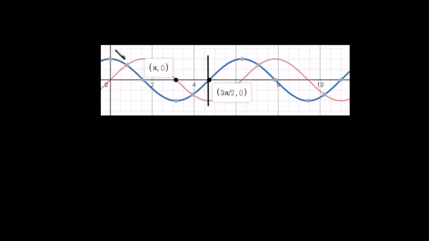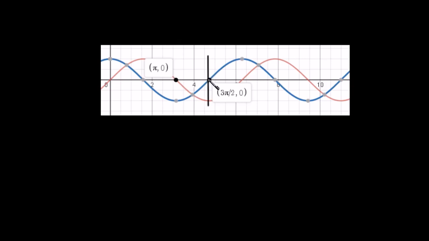So if we were to draw out the sine function in red here and the cosine function in blue, and we start off at a value equal to 0, we can see if we follow the red function here that when we get to this point here, this point is going to be at 3 pi upon 2. But notice the blue function here at 3 pi upon 2, if we then start at this point, in effect this is the phase, it's the initial starting point.